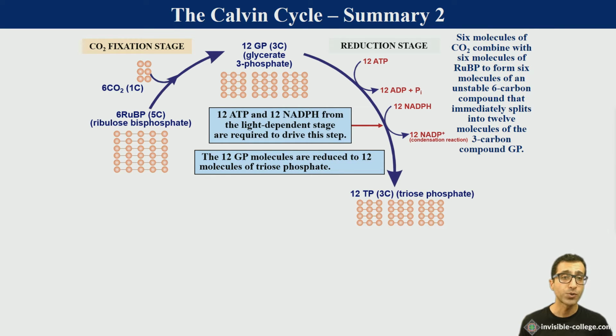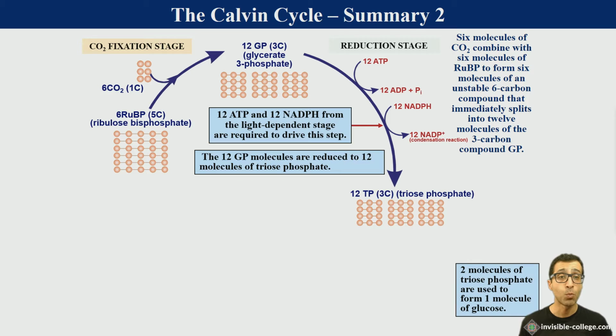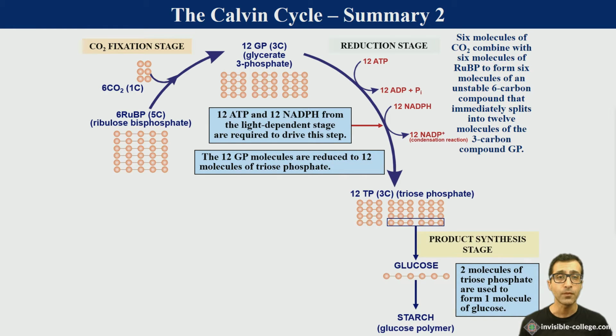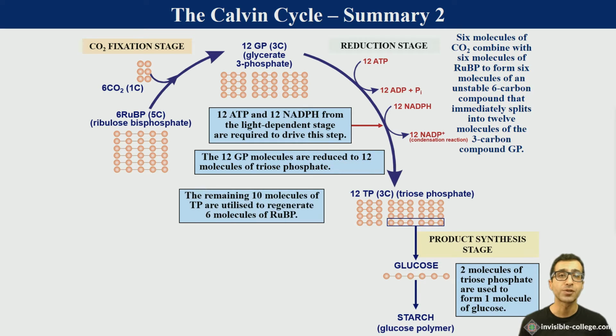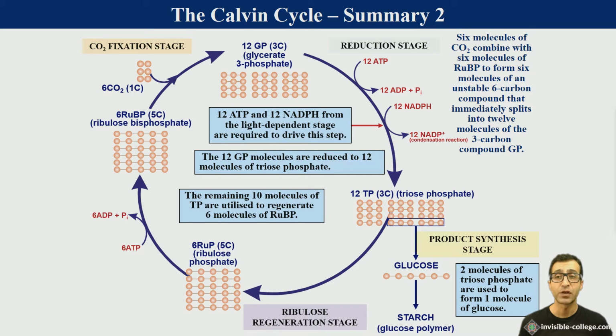So 2 molecules of triose phosphate are used to form 1 glucose molecule in the product synthesis stage, and the remaining 10 molecules of the triose phosphate can then be used to regenerate 6 molecules of ribulose bisphosphate in this manner. And to do that, we would of course need 6 molecules of ATP to power that process, and also to provide the additional 6 phosphate groups to form those bisphosphate molecules.